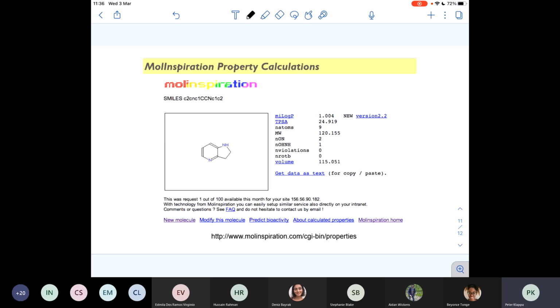So here is another database, Molinspiration, where you put in a molecule and it translates it into a SMILES string, and it comes up with interesting properties that this molecule has. For example, the volume of this molecule. And the volume is really important because if you make your inhibitor too big, then it can't reach the active site.